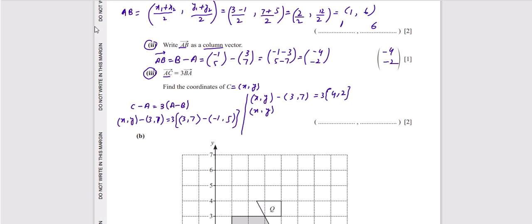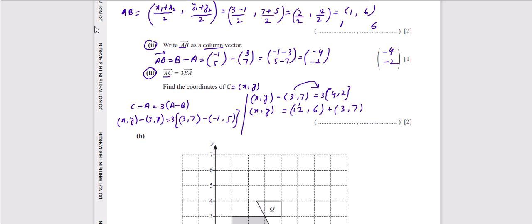x y is equal to 3 multiplied by 4, 12, and 3 multiplied by 2, 6. This vector shifted to the other side will be positive 3 and 7.